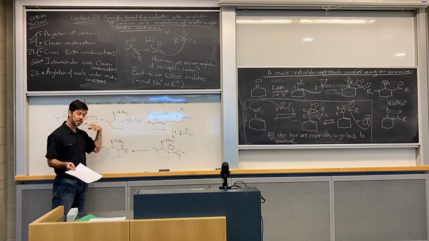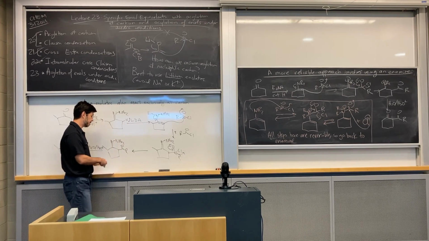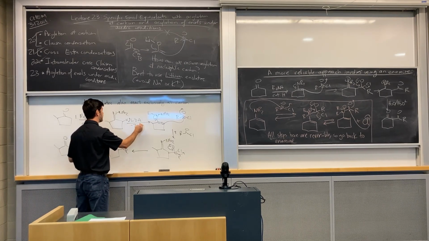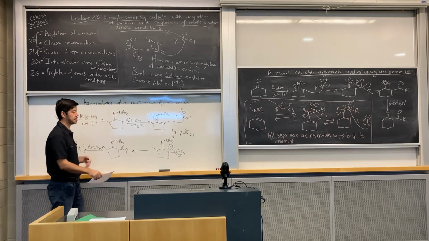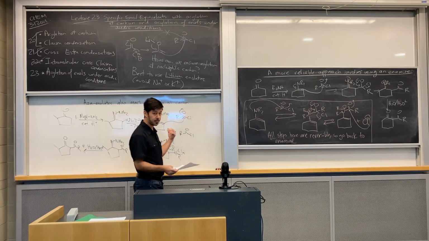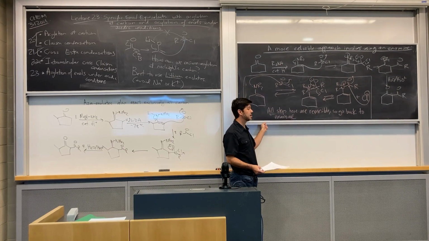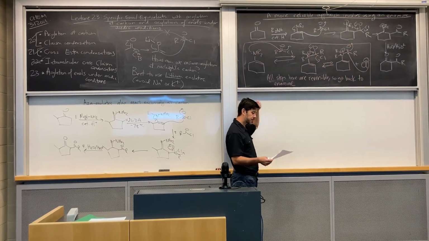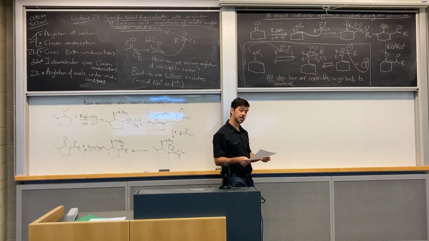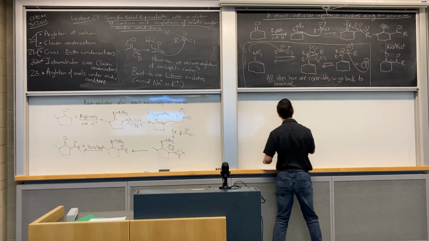To use LDA, as I mentioned before, you have to keep this cold at like -78. It's very reactive. Even acyl chlorides are very reactive. So are there some gentler approaches that we could use under specific circumstances? So let's look first at the acylation of enols under acidic conditions.